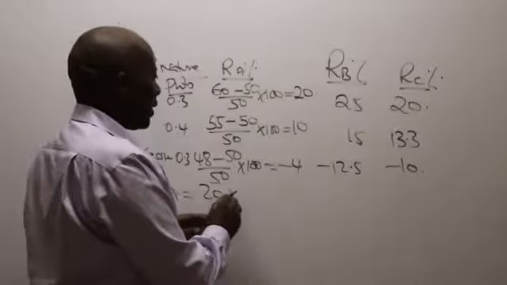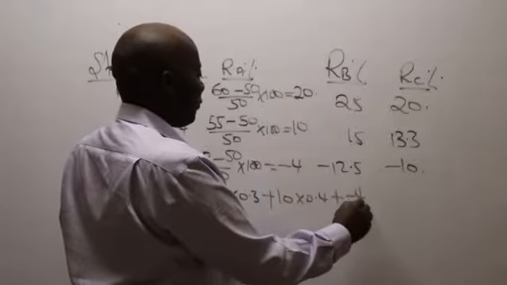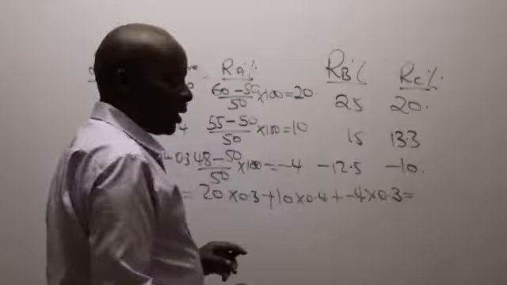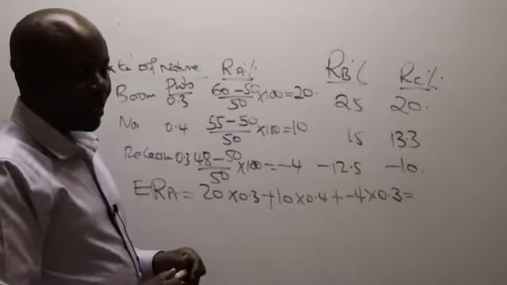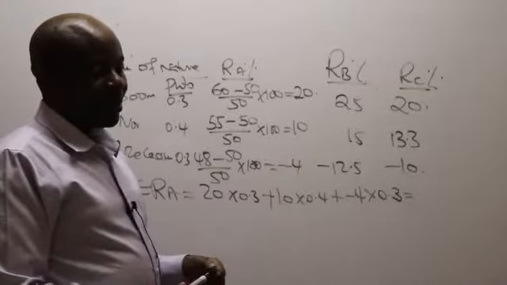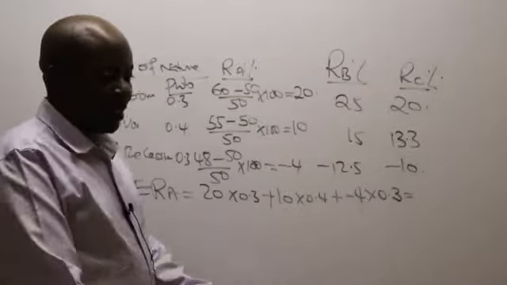So we have here 20 times 0.3 plus 10 times 0.4 plus minus 4 times 0.3. Could you kindly give me the expected return of A very fast? Don't have time today, really.